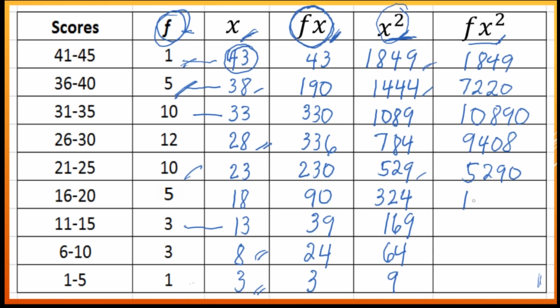And we will have 1,620, 507, and 3 times 64 is 192. And for the lowest class, we have 9 as the product of 1 and 9.